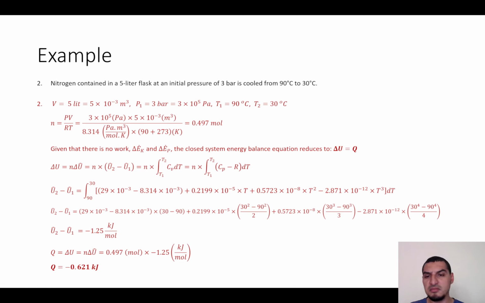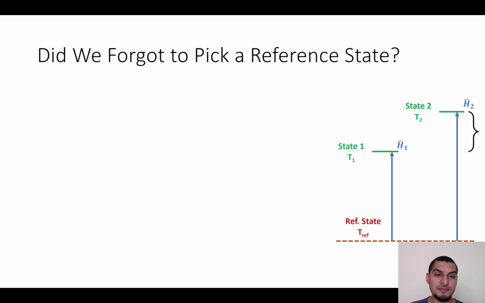So again, if you know how to pick the numbers correctly from the table, if you know how to do the integration and to substitute correctly, then it's going to be a piece of cake for you. One last thing that I want to mention here, which is something that we haven't mentioned for some time. We said that in cases like the cases that we just solved, we have two states, state 1 and state 2, and we need to get the difference.